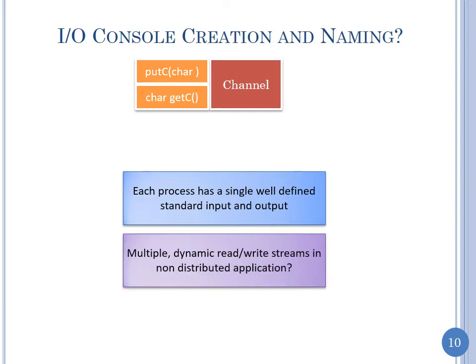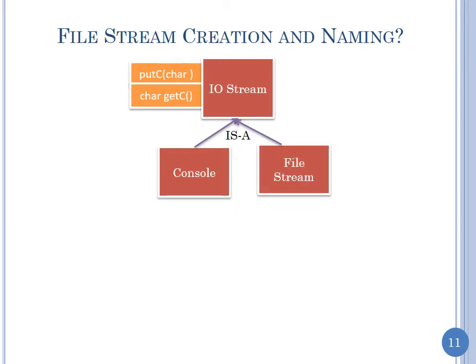But even in non-distributed applications, you can argue that we need multiple read-write streams. The console and channel can both be united into a common abstraction of a read-write stream. And even in non-distributed applications, we do need multiple read-write streams.